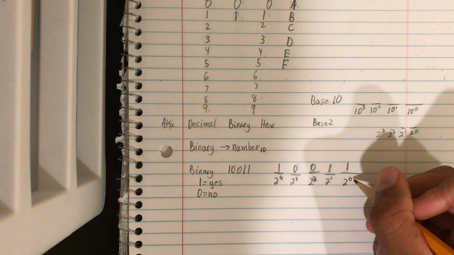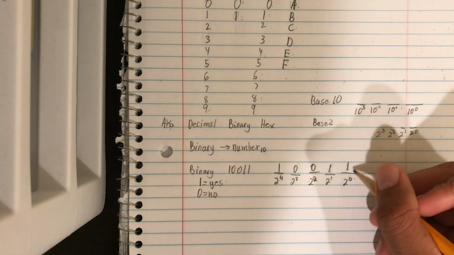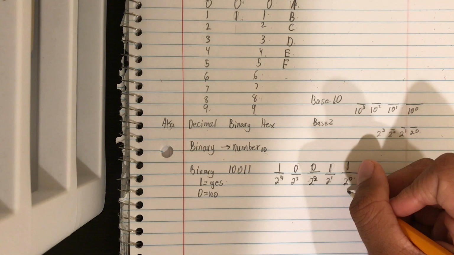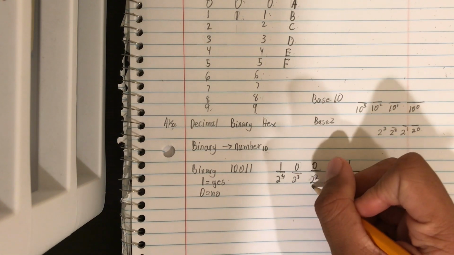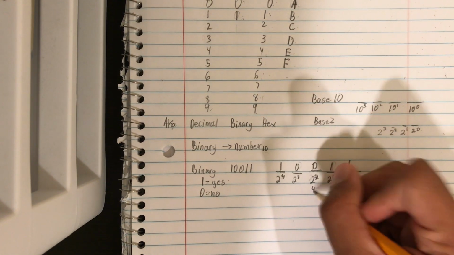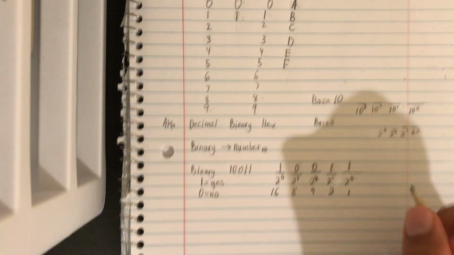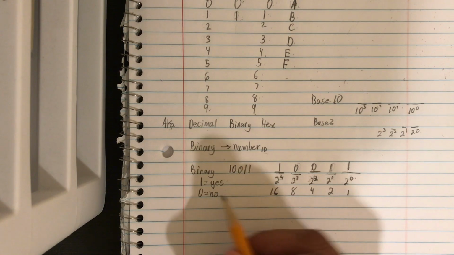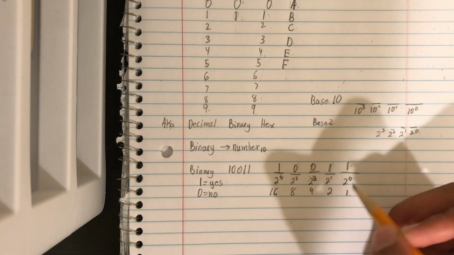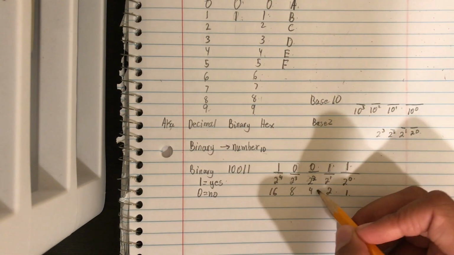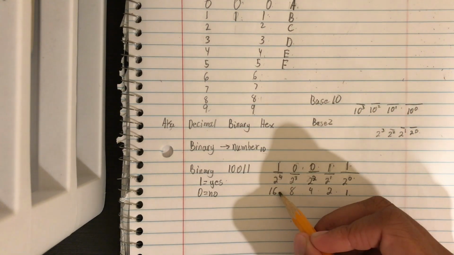So for example, 2 raised to 0 is 1. And by knowing that this is 1, 2, 4, 8, and then 16, we can go ahead and do it like this. This number is essentially telling us to add 1, add 2, don't add 4, don't add 8, and then add 16.